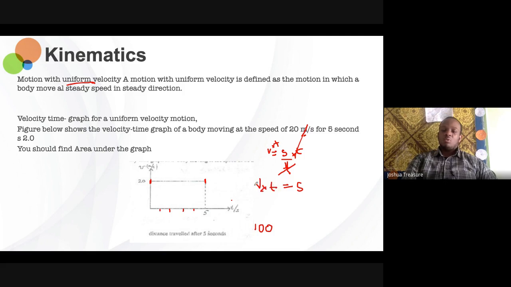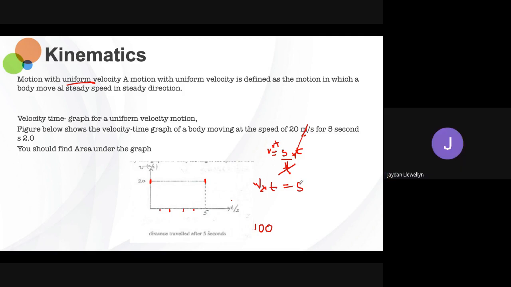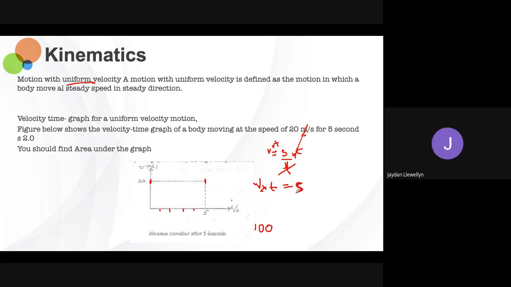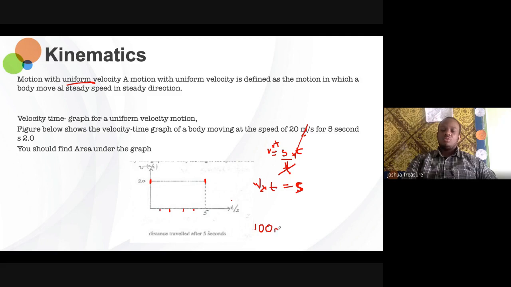Now, doesn't this look like this right here? V times t would give us s. Are we seeing that? Yes, sir. All right, so this would be 100 meters.